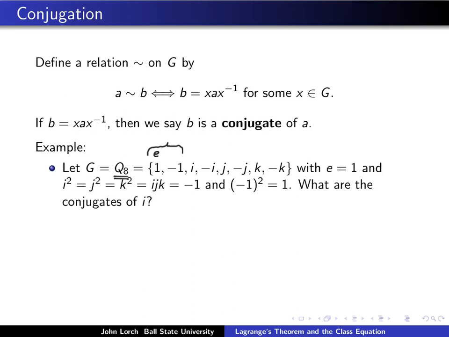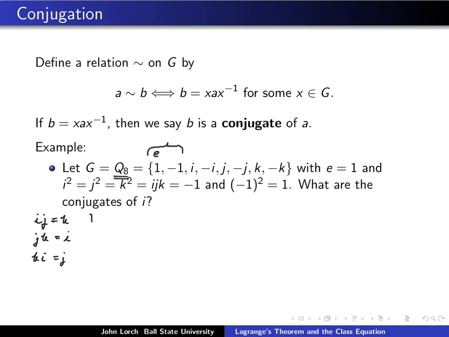So in this problem, what we want to do is compute the conjugates of i. There are some other relationships among i, j, and k that we can determine from these existing relationships: i times j is equal to k, j times k is equal to i, and k times i is equal to j.